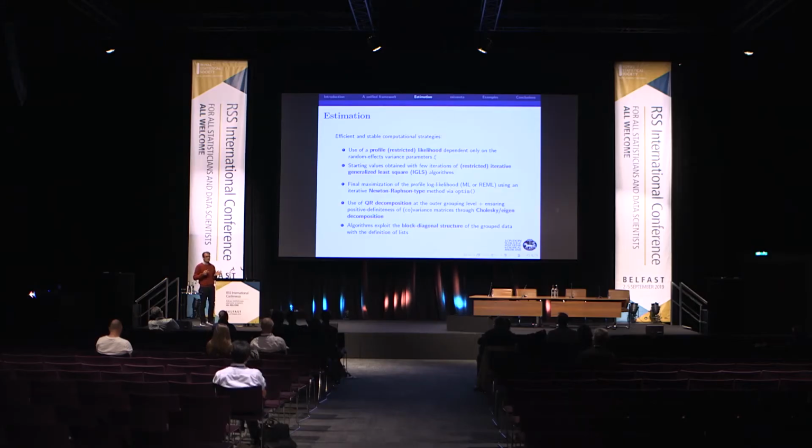Then we use a kind of hybrid approach where, for a certain number of iterations, we use an Fisher scoring-type algorithm to approximate the maximum of the likelihood. Then we use iterative Newton-Raphson-type methods, as implemented in the optim procedure, to get the estimates that we want. This approach speeds up the process quite a lot.